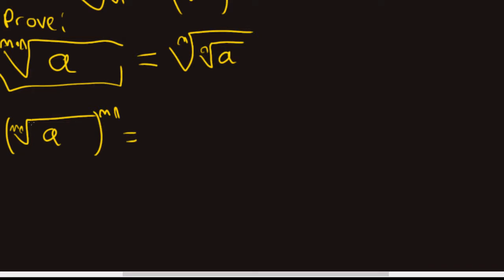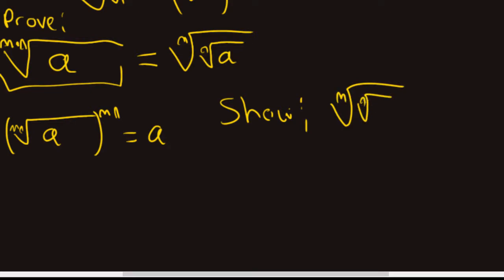Well, any root raised to the same power just cancels out and you get A. So we're going to show that the same is true for what is on the other side of the equation. We're going to show that if we take the mth root of the nth root of A and raise that to the mn power, we get A.